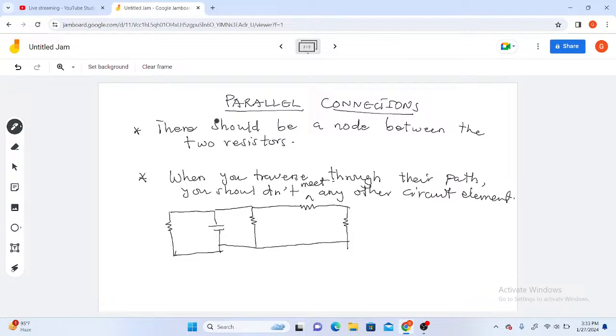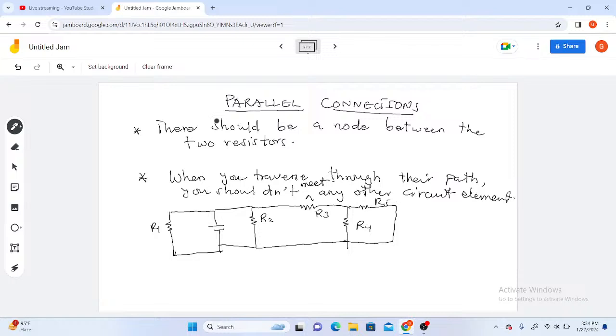Let me label the resistors so you understand it well. So let's say this is resistor 1, resistor 2, resistor 3, resistor 4, resistor 5. We are to determine which of these resistors are in parallel.